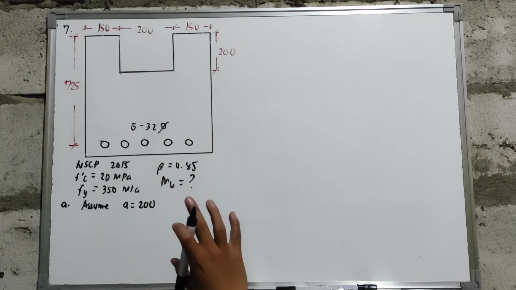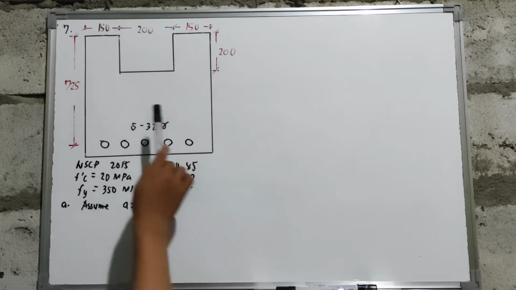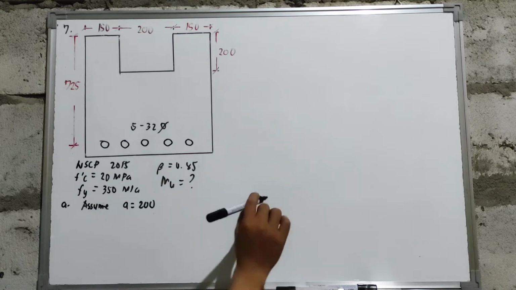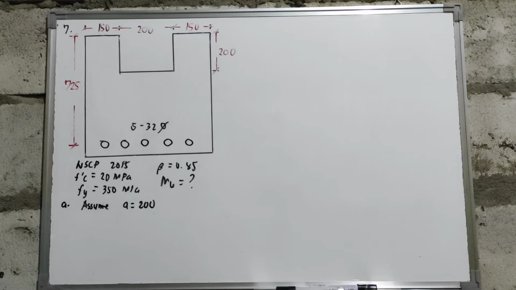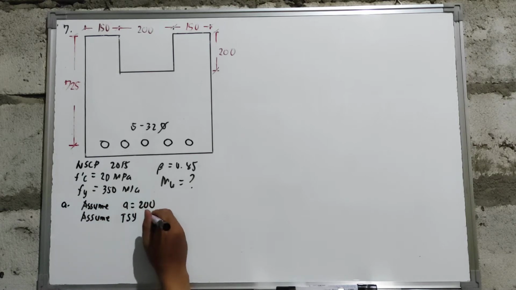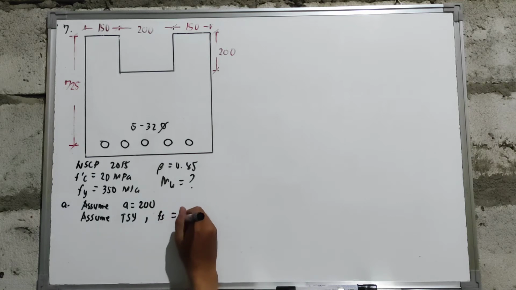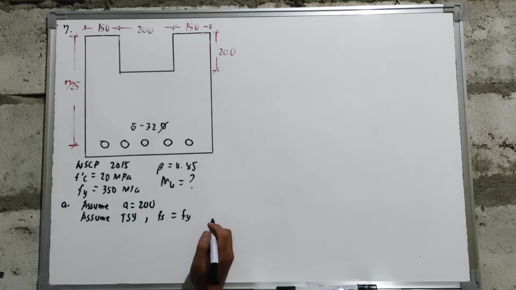So tatansyahin natin kung hanggang saan yung compressive force natin by means of etong mga tensile force natin. So with that, assume natin na a is equal to 200. Also, we are going to assume that tension steel will yield. So if that will yield, the value of your fs is equal to the value of fy.